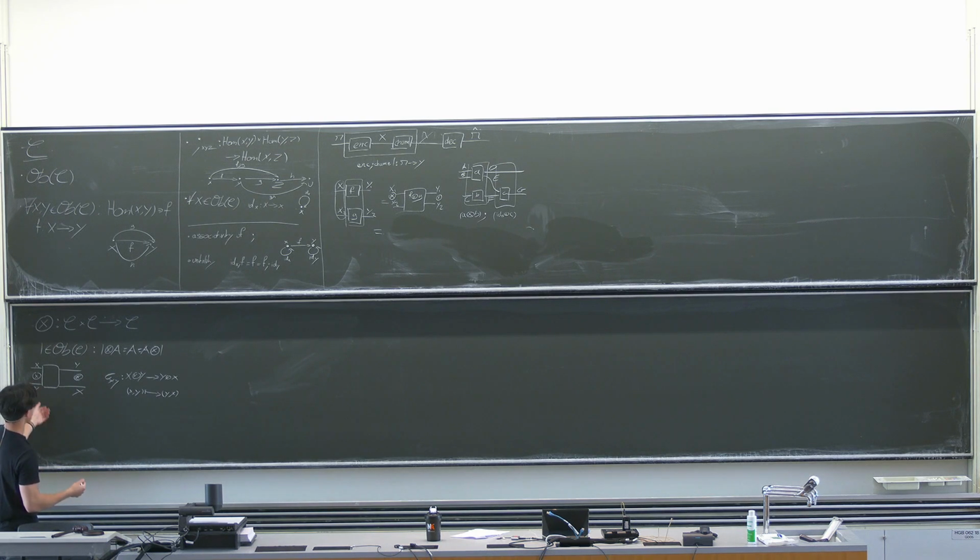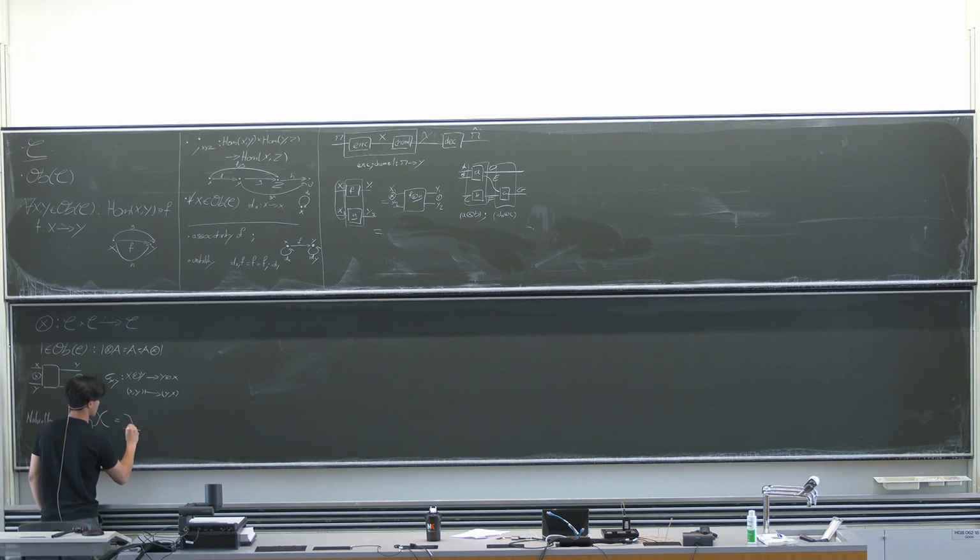So what we're going to do is we're going to have it satisfy three things. Notably, the first thing is called naturality. So this braiding morphism has to satisfy naturality, which means that if we're taking f and g, and then we braid, then it's the same thing as braiding and then applying f and g.